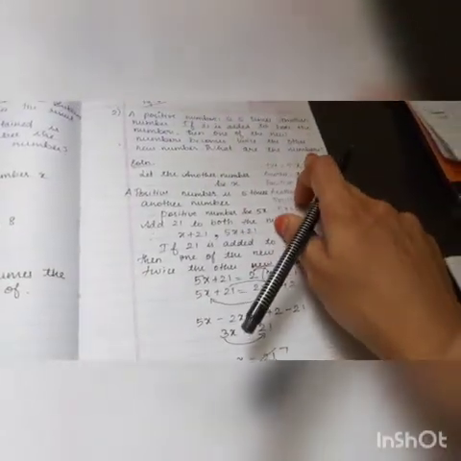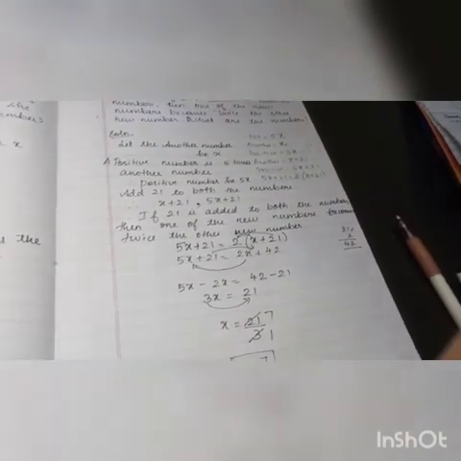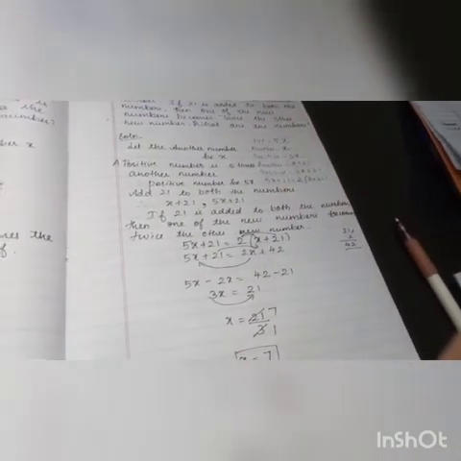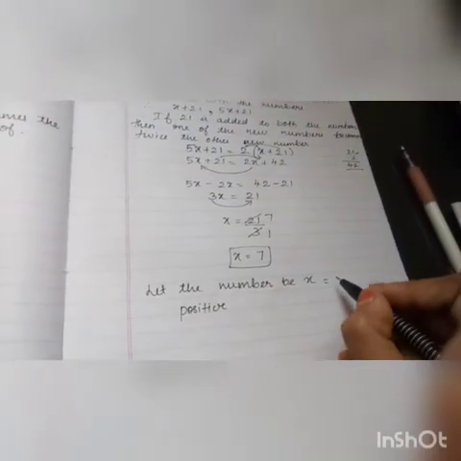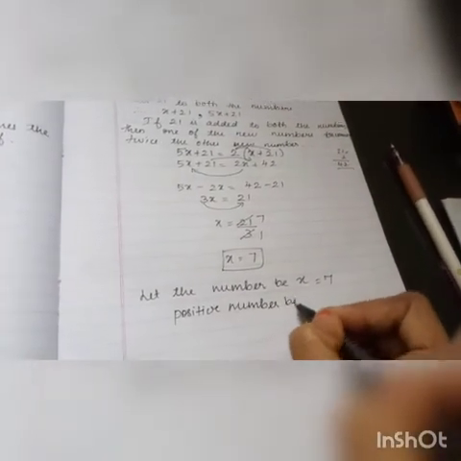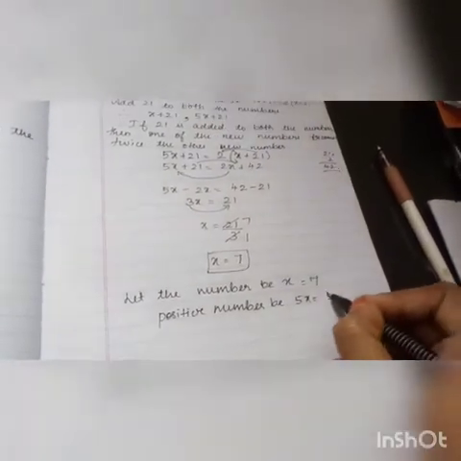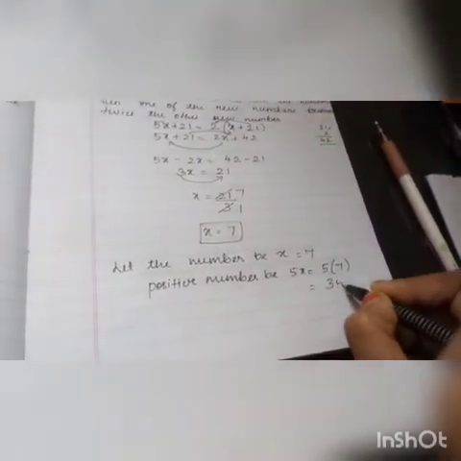So, we are going to find what those numbers are. Let the number be x and the positive number be 5x. x value is what? 7. The positive number is what? 5x, so 5 into 7. 5 sevens are 35.